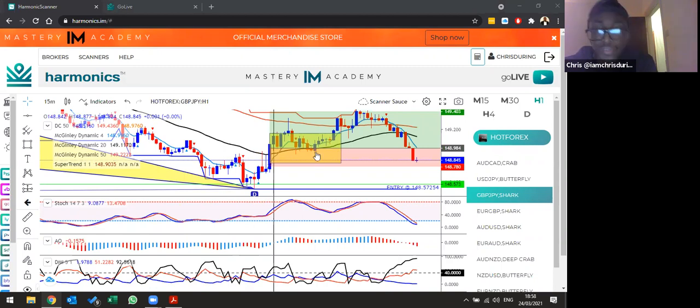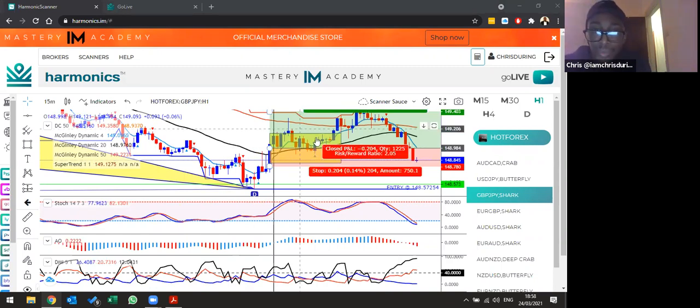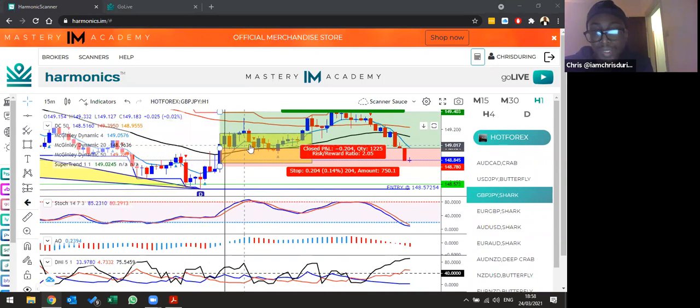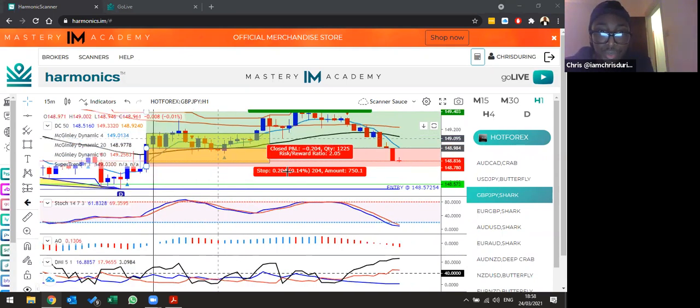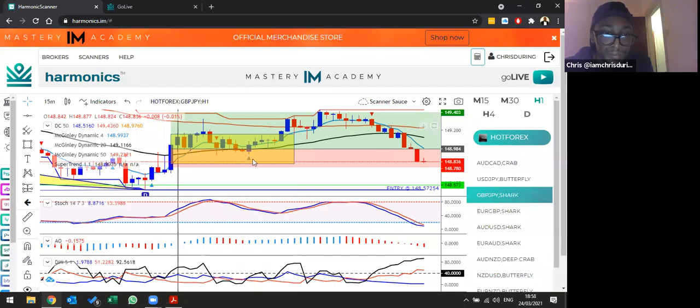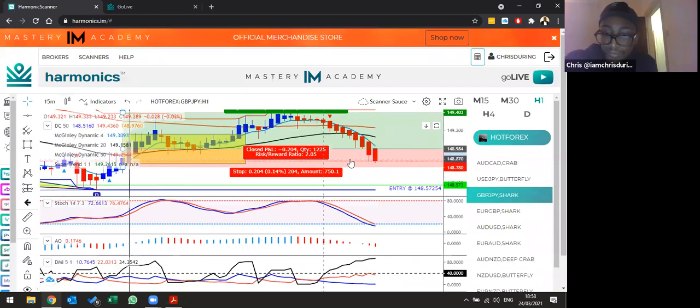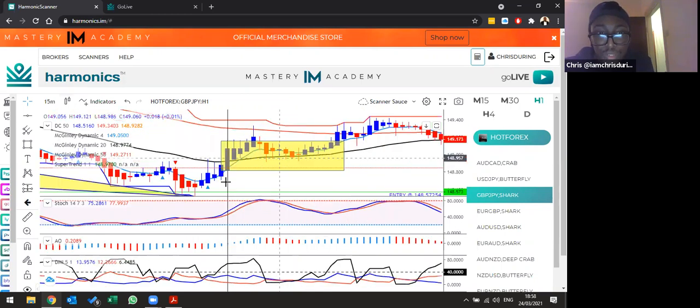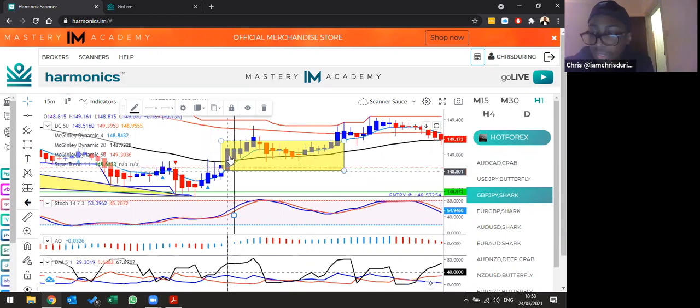Okay, so in terms of how far to drag the rectangle, it's really down to where you're looking at the trade from. So for example, if you came onto the harmonic scanner and you literally saw it, say, on this candle. So say the confirmation candle's already aligned up, okay?